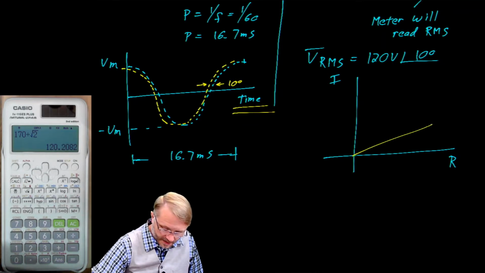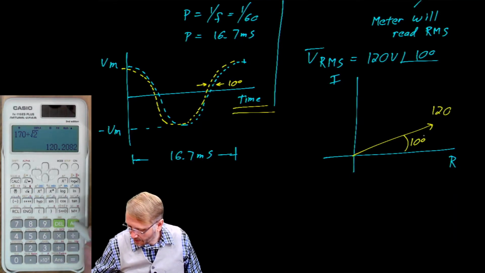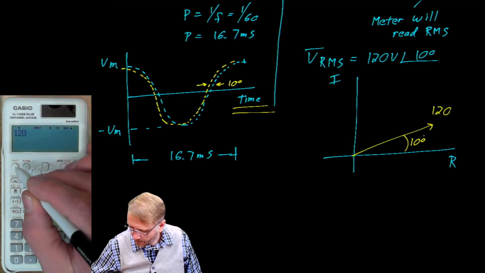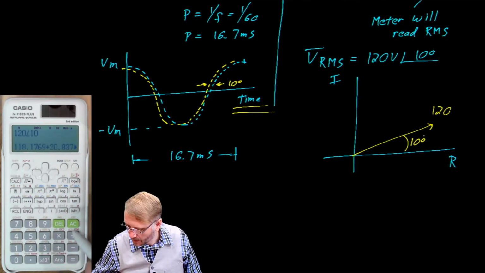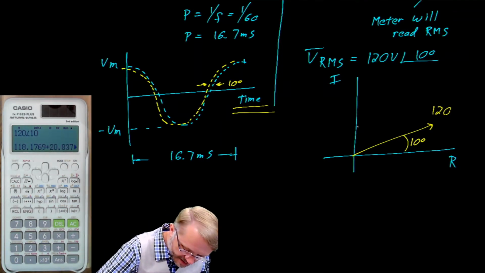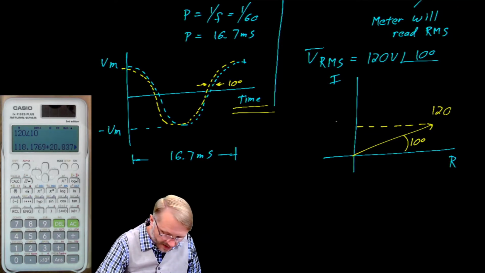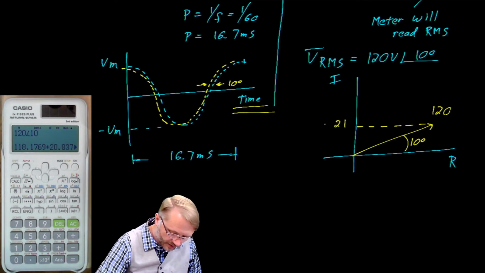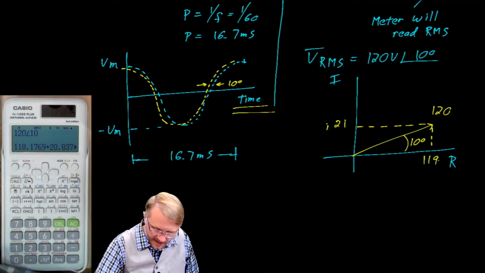The phasor has a length of 120 and an angle of 10 degrees. We can put that into our calculator as 120 at a phase angle of 10 degrees, which tells us that this distance here is 21. We could call it J21. And this distance here is 119.